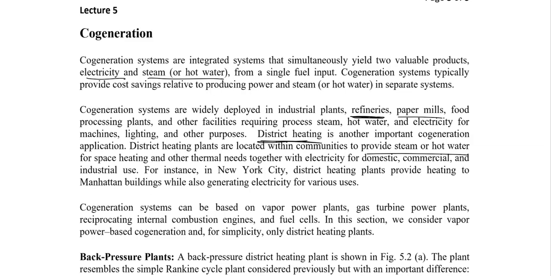For example, like in a district heat power plant that is actually in Manhattan building, we, the cogeneration power plant is actually producing electricity as well, and also it is actually providing the heating to the building as well. There's another example, like for you, you might have visited the local hospital over here, which is the Khabar Teaching Hospital.